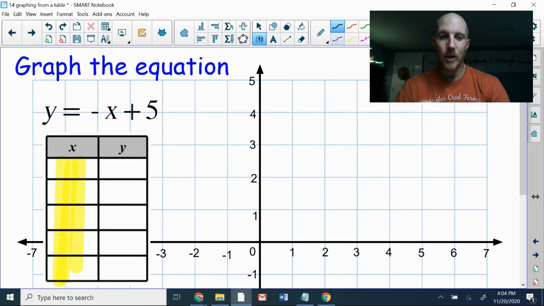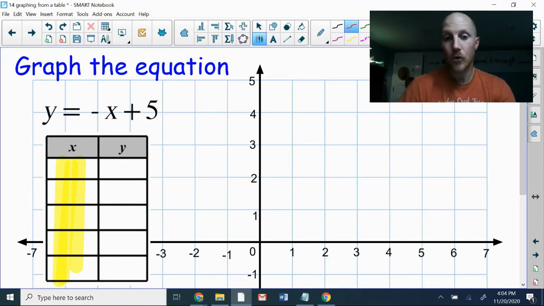If there's a fraction involved, this one doesn't have a fraction, but if there were, my suggestion would be to use multiples of the denominator of that fraction as my X choice.